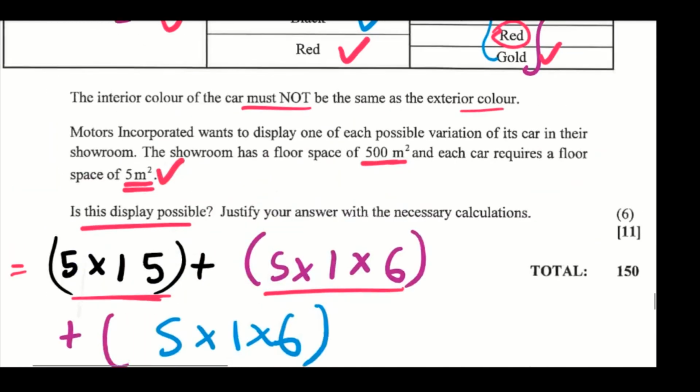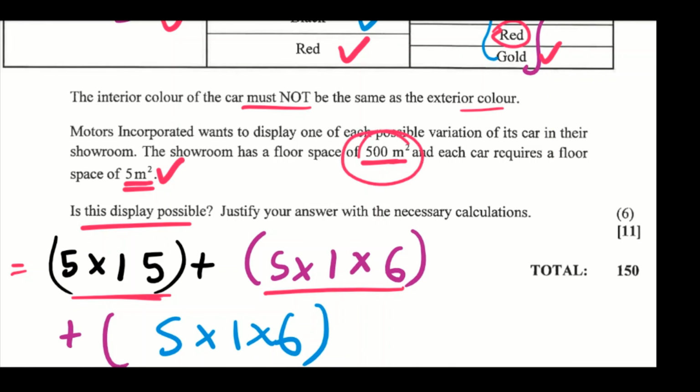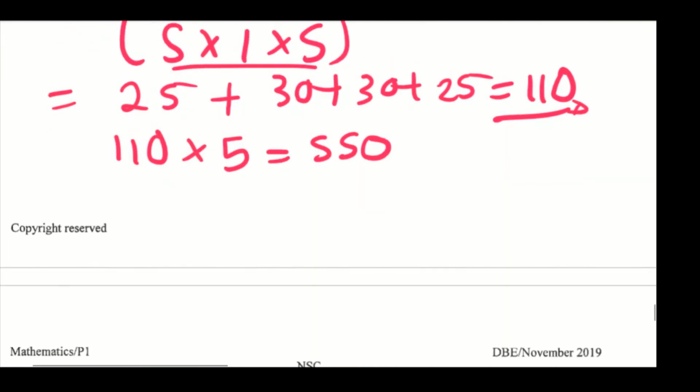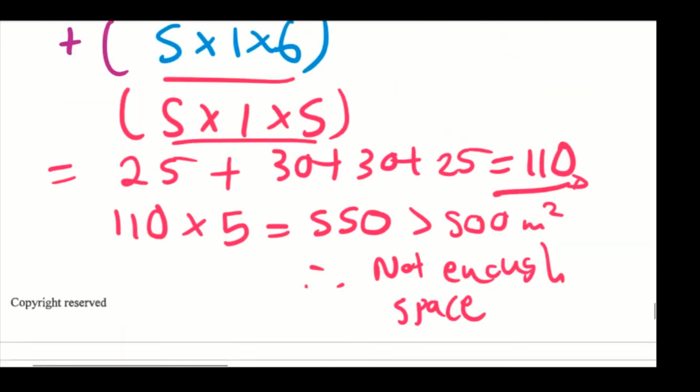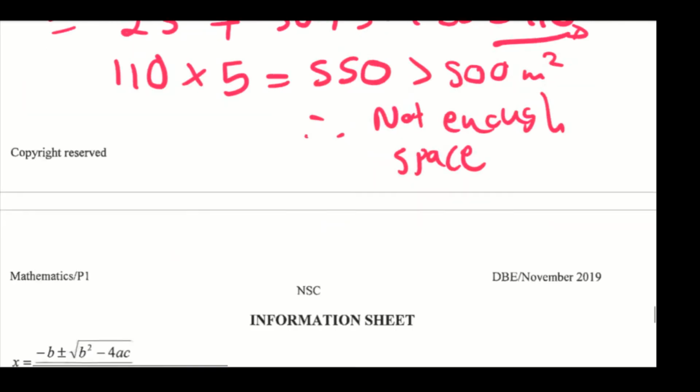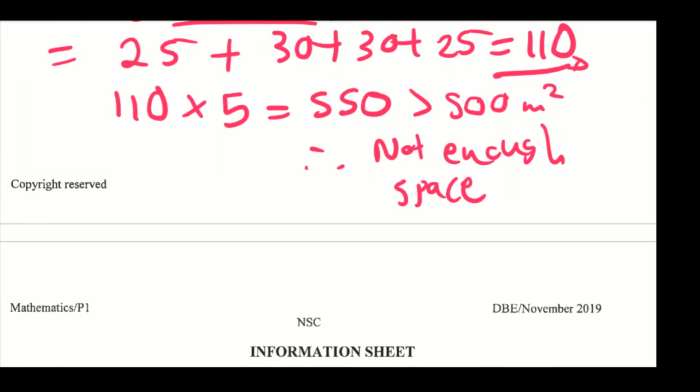So the space that is required is 550 square meters, which is greater than the 500 square meters available. So therefore there's not enough space. Yeah, that's how we solve this problem here, and we are done.